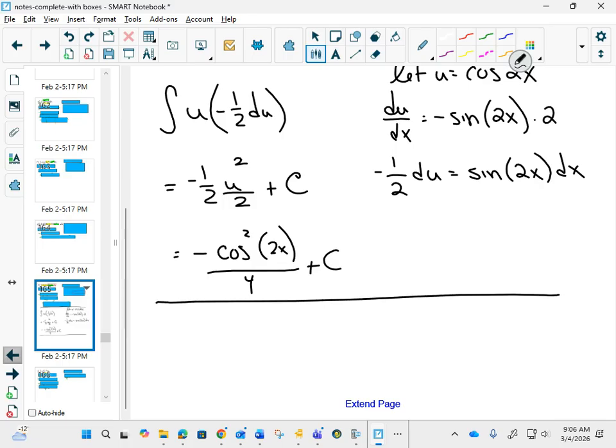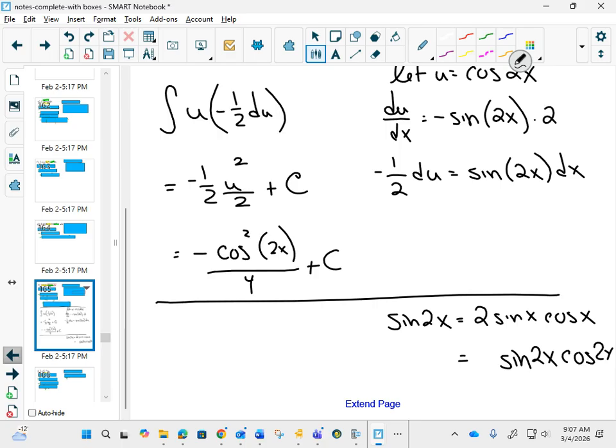Method 3. This is where integration gets messed up. Method 3 uses the fact that you know that sine 2x is 2 sine x cos x. So in my question, I have sine 2x cos 2x.